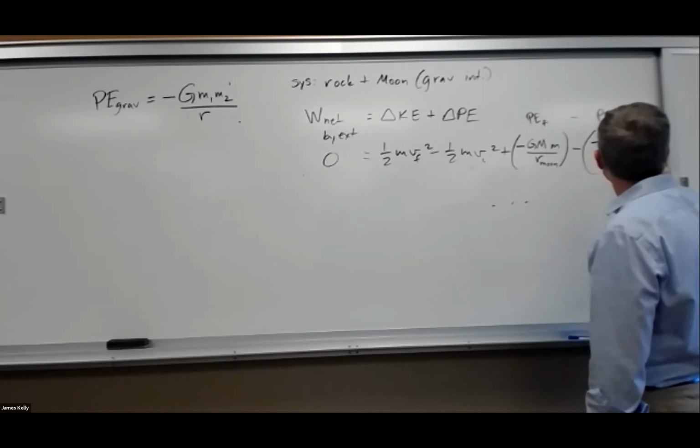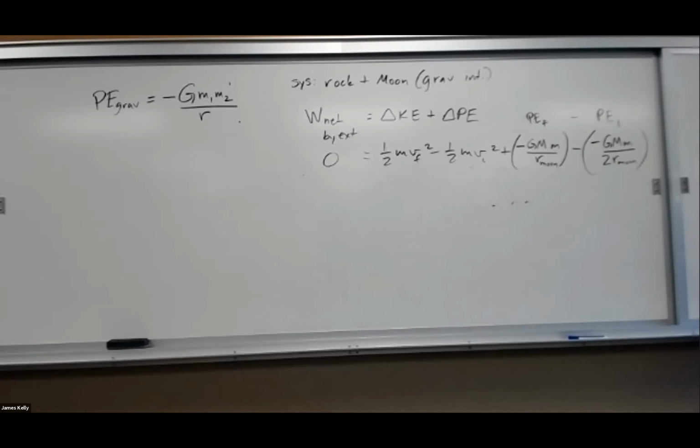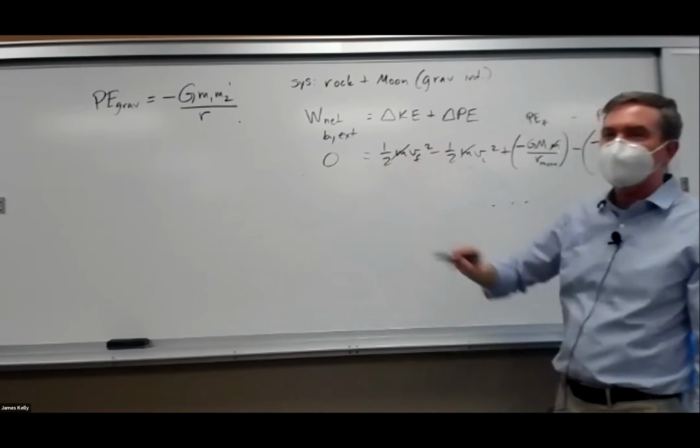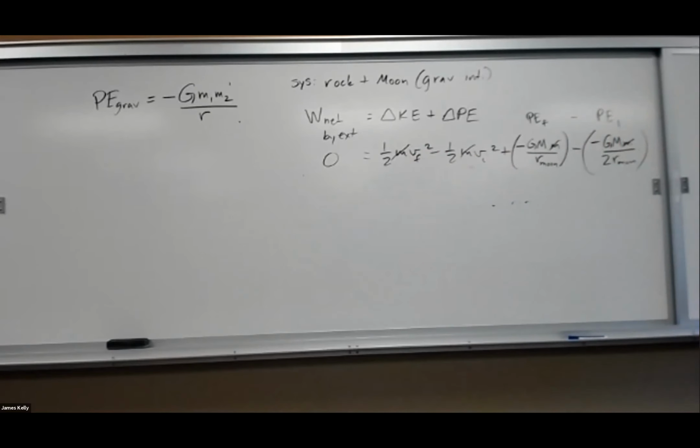That's just from the verbal description. 2 R moon. Okay, and now, oh gosh, our m's cancel out again, right? There's a factor of little m, the mass of the rock, in every one of these things, and then the 0 doesn't care if I divide it out, so I don't want to put that in my calculator over and over again.